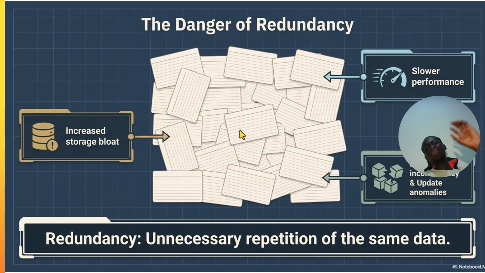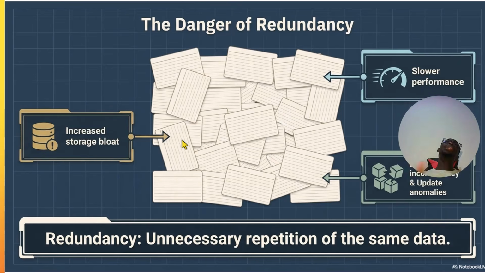So you always had more than one copy of your file, maybe in a folder or something like that, and it increased the storage bloat. So instead of your file weighing, let's say, 5 kg, because of redundancy you are printing more papers, and sometimes you don't even know that you already have that particular document in there.